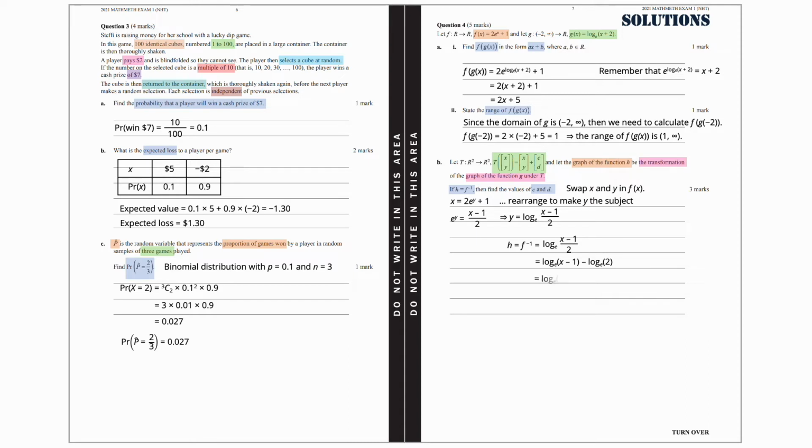We are going to rearrange the first log, so that equals log in base e of x plus 2 minus 3, minus log in base e of 2. So c equals negative 3 and d equals negative log in base e of 2, or d equals log in base e of 1 over 2. Remember that c and d are the translations.